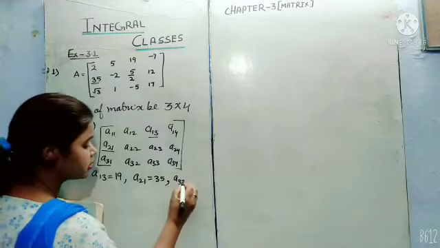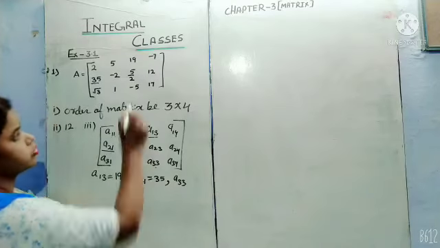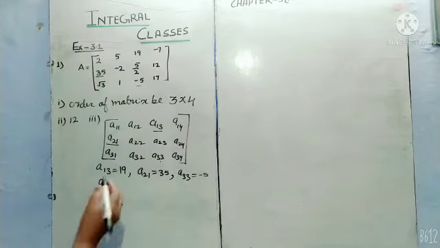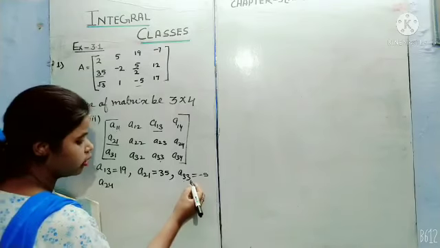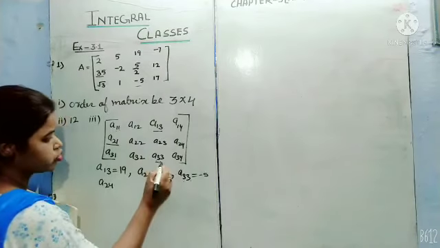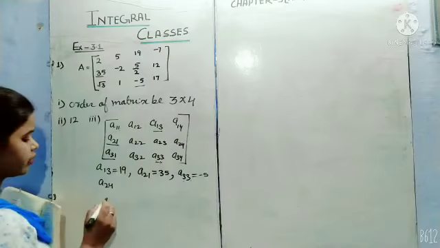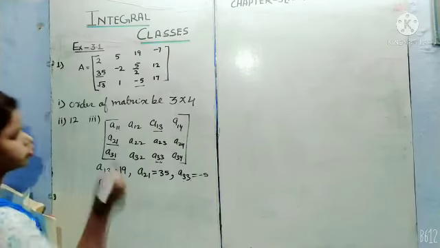Next is A33. It means third row, third column. So third row is here and third column. So A33 is -5. Now A24. It means second row, fourth column.